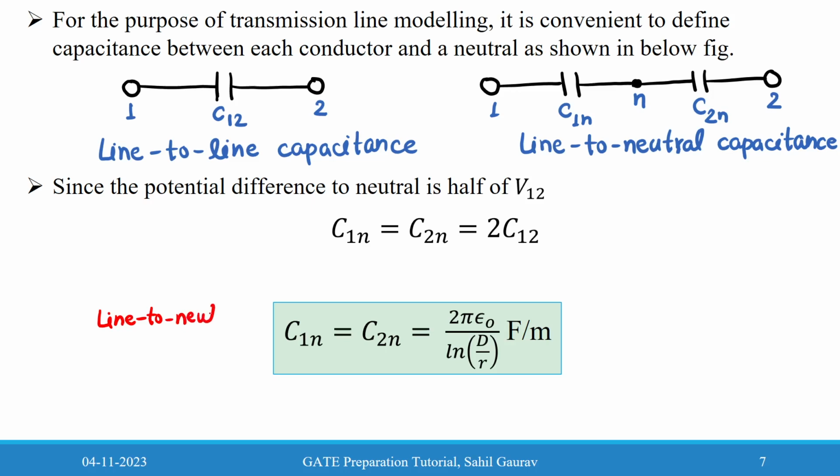This one, C1n, C2n, is the line to neutral capacitance, and this expression is very important.